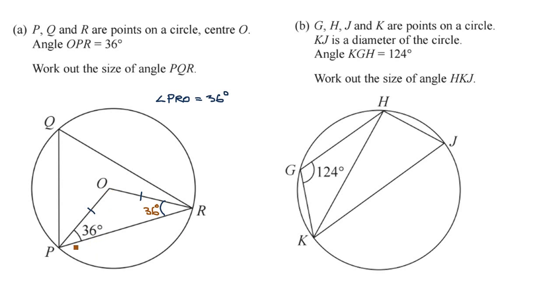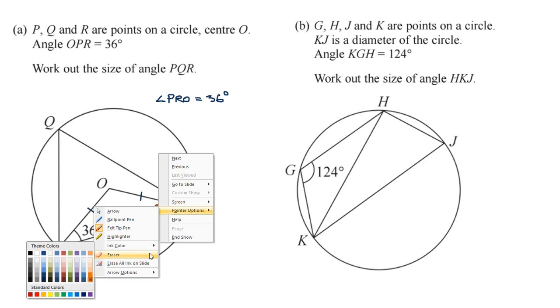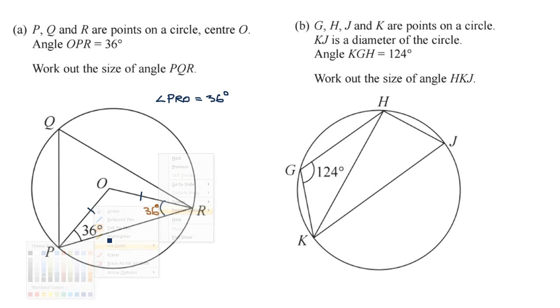This is a triangle, and so the third angle we find by the angles in a triangle summing to 180 degrees. So now we're going to work on POR. Again, very important to write down the angle you're working on. So angle POR, and you need to get those letters in the right order so that you're definitely pointing to the right angle. So this angle here. Angles in a triangle sum to 180.